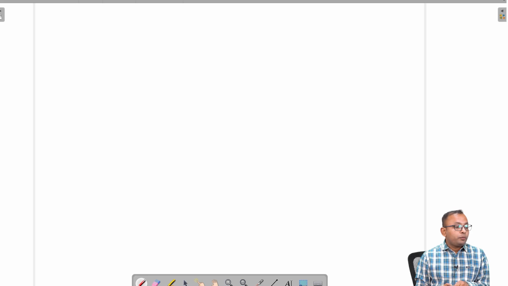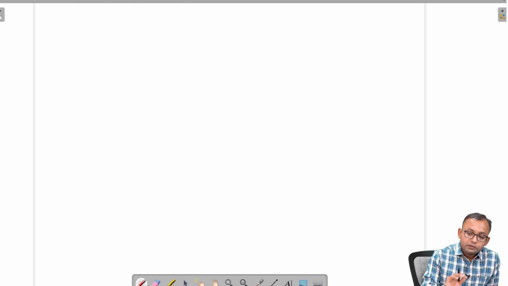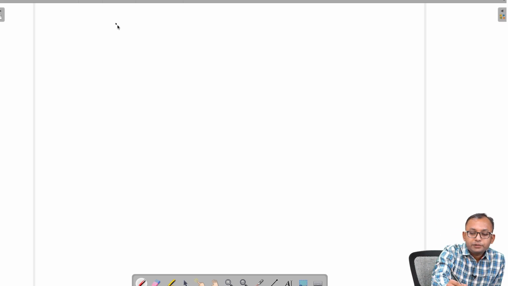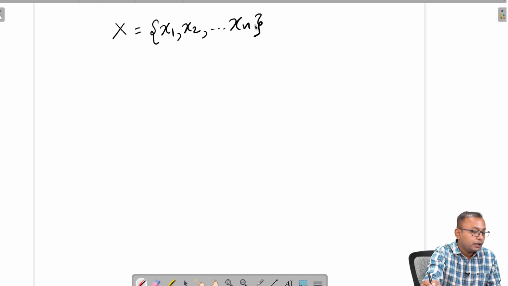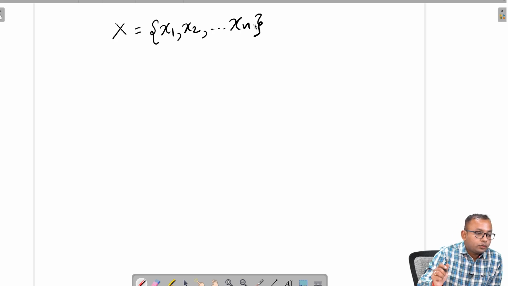Okay, so more formally, if you describe it in mathematical terms, a change point can be defined as follows. Let us say you have a time series data set x, where the data are x1, x2, up to xn.